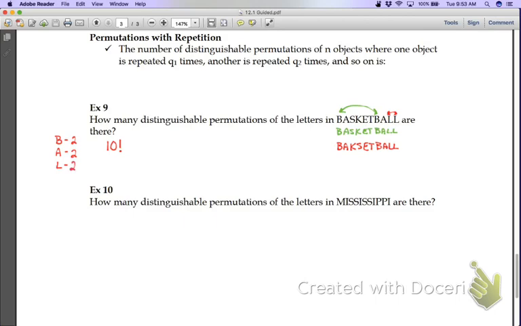So out of all of those values, any time that something repeats, and however many times it does repeat, all I'm going to do is divide it, and I'm going to go 2 factorial, 2 factorial, and 2 factorial. So each time I have something repeat itself, and however many times it repeats itself, that's going to go on the bottom side of my fraction, my division, whatever you want to call it.